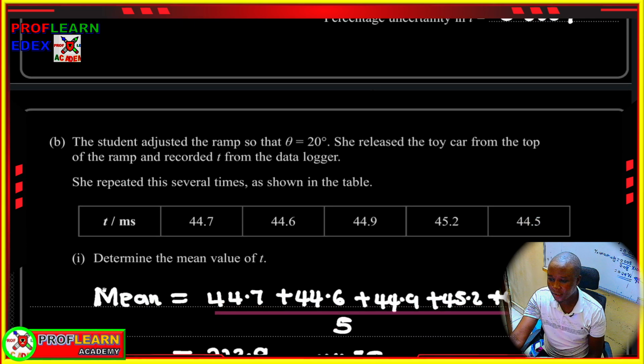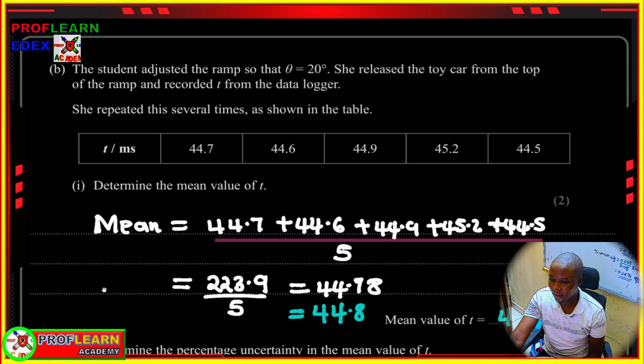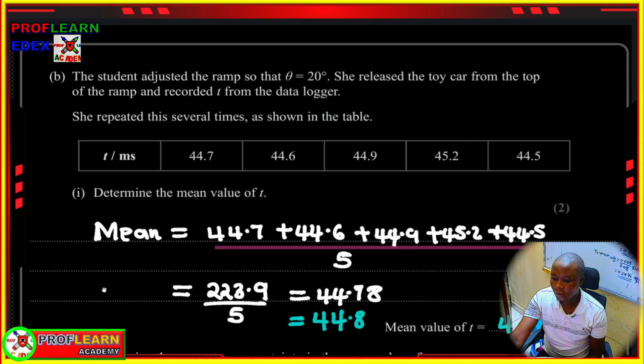The student adjusted the ramp so that the angle is 20 degrees. She released the toy car from the top of the ramp and recorded the time from the data logger. She repeated several times, as shown in the table. So we have different times, in milliseconds, which means we are going to work out the mean of these values.